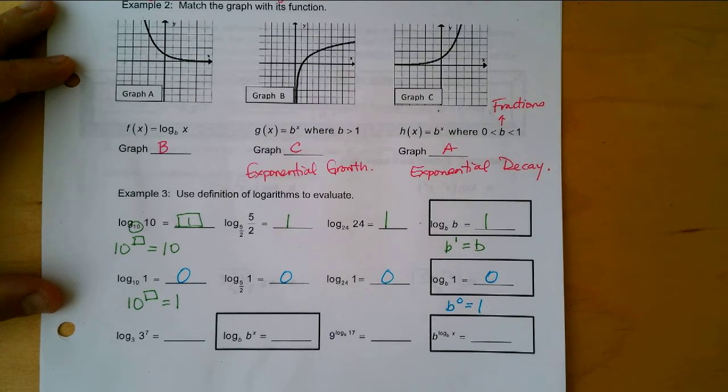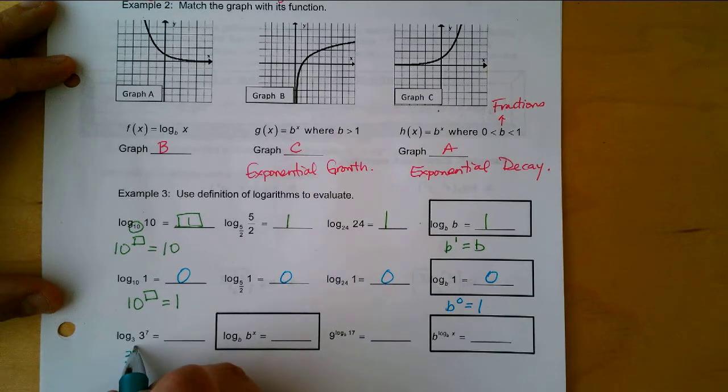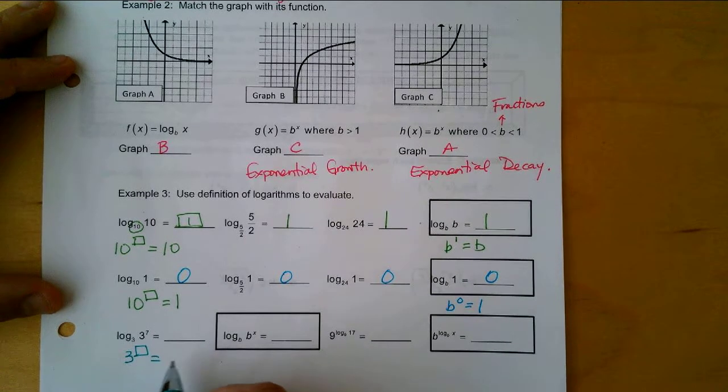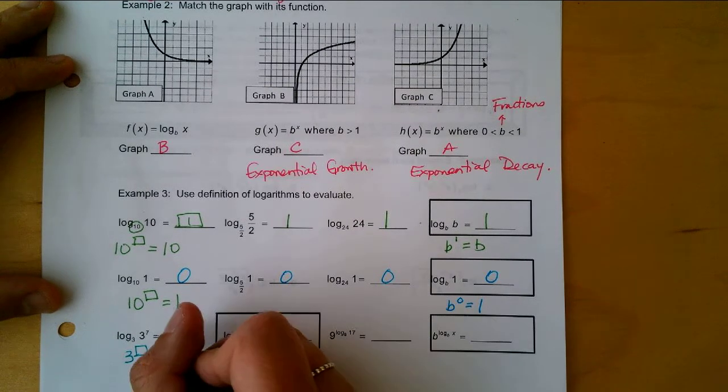Let's go to the next one. Here we have log base 3 of 3 to the 7th. So again, this is asking us 3 to the what power is equal to 3 to the 7th? Can you see which power it would be? It would have to be 7.